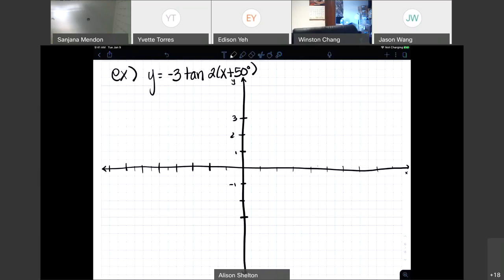So the first thing we're going to do is find that there's a vertical shift of down. I'm sorry, this is going to make it upside down. Then we've got our B right here, and there's no vertical shift. So this one has a horizontal shift of left 50.